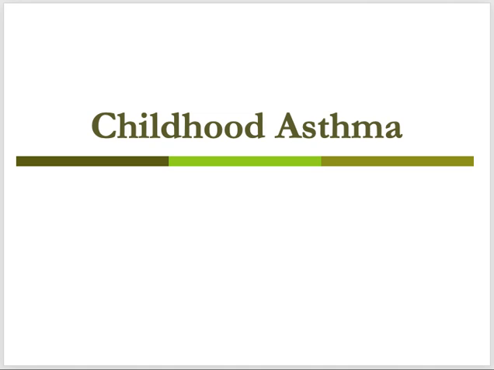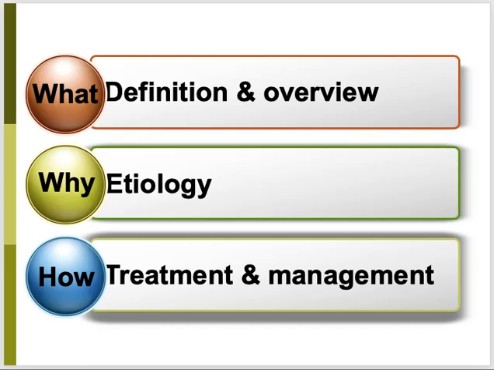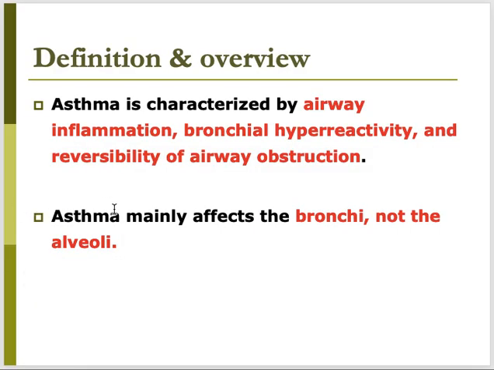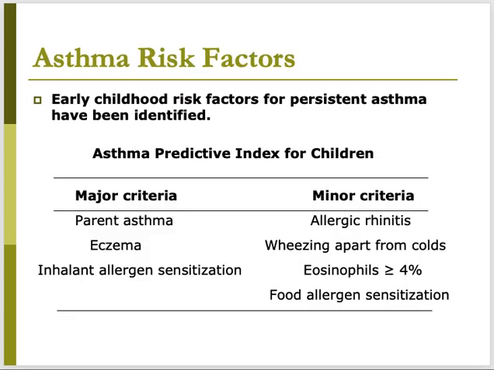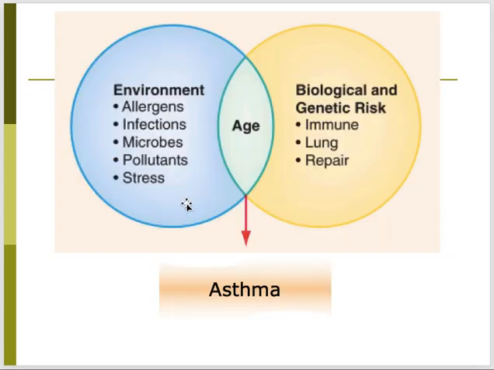In the history you will find the same things: the extrinsic causes and the intrinsic factors. The extrinsic causes like upper respiratory tract infections, smoking, cold air, exercise, whatever you remember about asthma. And the intrinsic factors, again, some genetic predisposition and families with a history of allergies. So the same thing will be there.